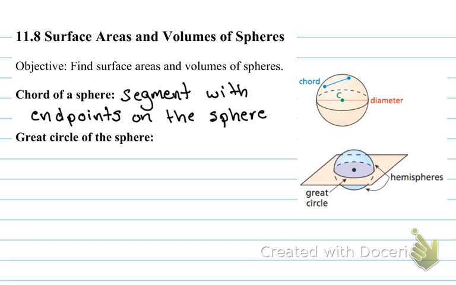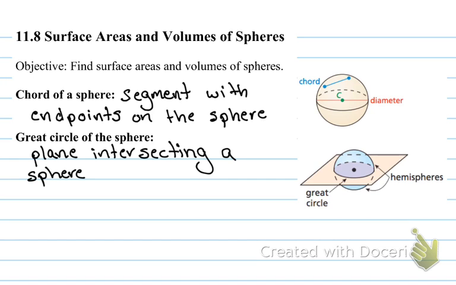So when you have a plane intersecting a sphere through its center, it goes through the center of the sphere, that little center right there. It goes through that center, okay?